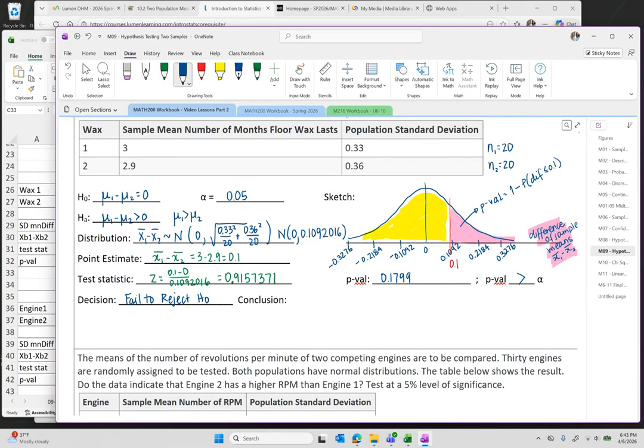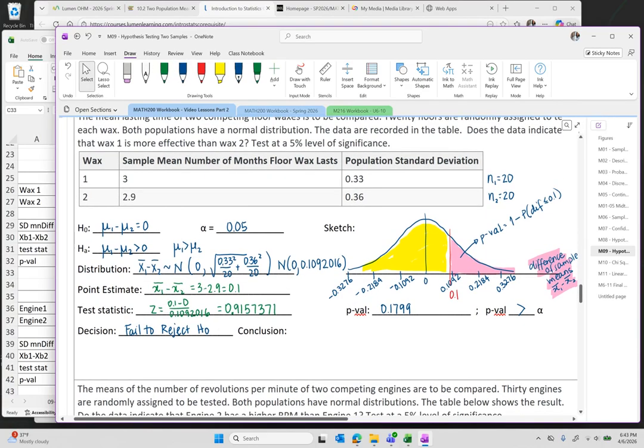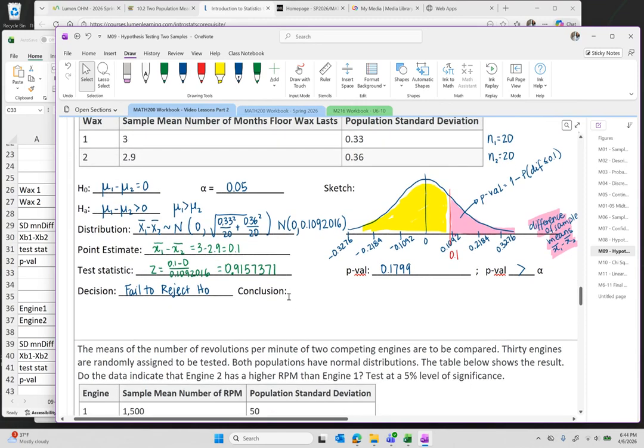And the conclusion will be that at a 5% level of significance, the sample data did not provide sufficient evidence to support the alternative hypothesis that wax 1 is more effective than wax 2. So you can pause the video and write your conclusion and then compare your conclusion to the one that will be filled in here.